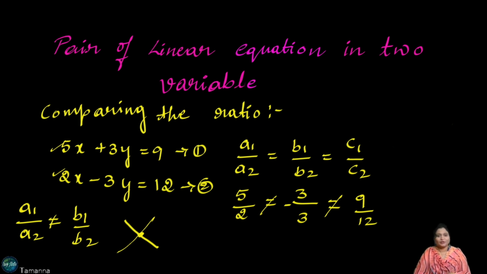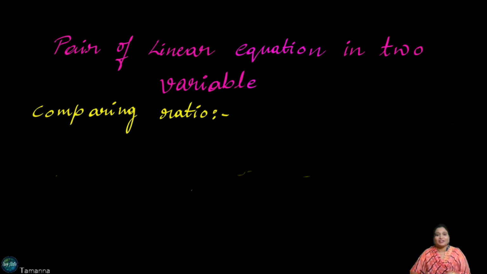Next we come across the other types of lines we go through in a pair of linear equations, that is parallel lines or coincident lines, and so on. So list out at home regarding the intersecting line, which is a1 by a2 is not equal to b1 by b2, on the basis of comparing ratios.